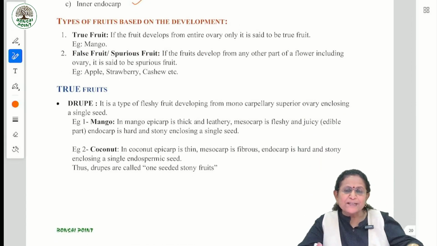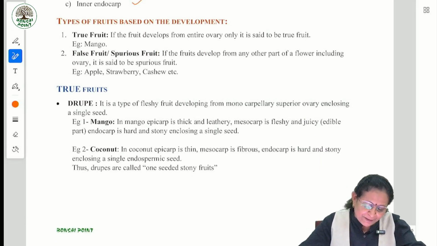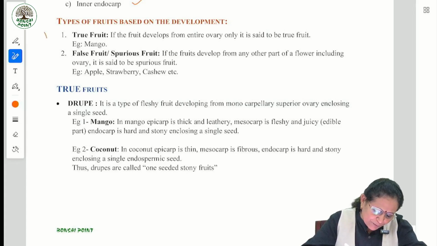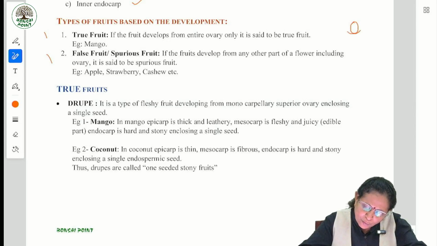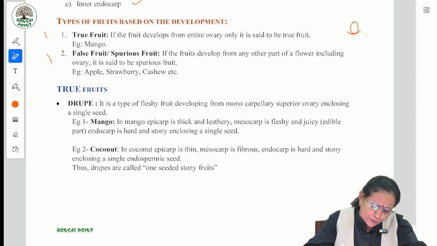Types of fruit based on the development. Very, very important 1 mark question. If the fruit develops from the entire ovary only, it is said to be true fruit.